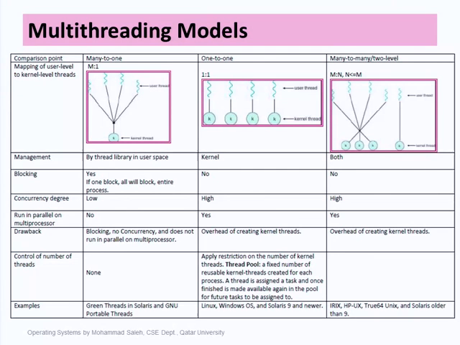In terms of concurrency degree, there you have multiple simultaneous threads, but they map to one towards the end of the kernel. So you don't really have much concurrency. And in this case, very high concurrency, as well as in here; however, this is higher, right? The highest. In terms of running in parallel, they don't run in parallel on a multiprocessor, because that's how they've been mapped, multiple to one.